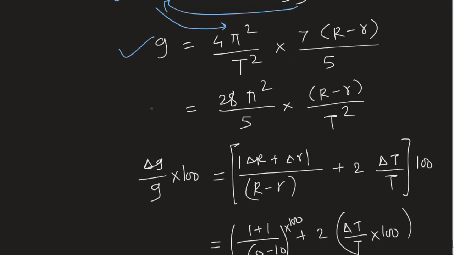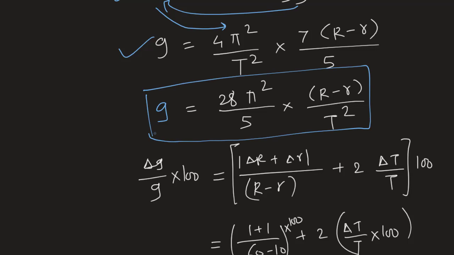Now once we get this equation for g, then it is very easy to calculate the percentage error in g, which is represented as delta g divided by g into 100, which is equal to, now in this equation, this is a constant part, so we can ignore that, okay, because it is not going to impact the error. So we have only two terms, numerator and denominator. Since we are subtracting here R minus r, basically we have to take here delta R plus delta r, okay.